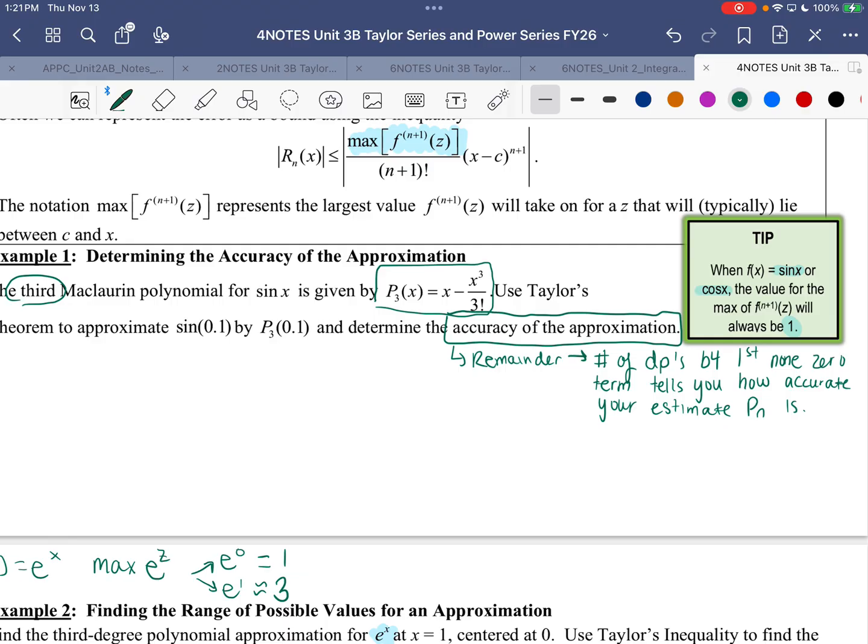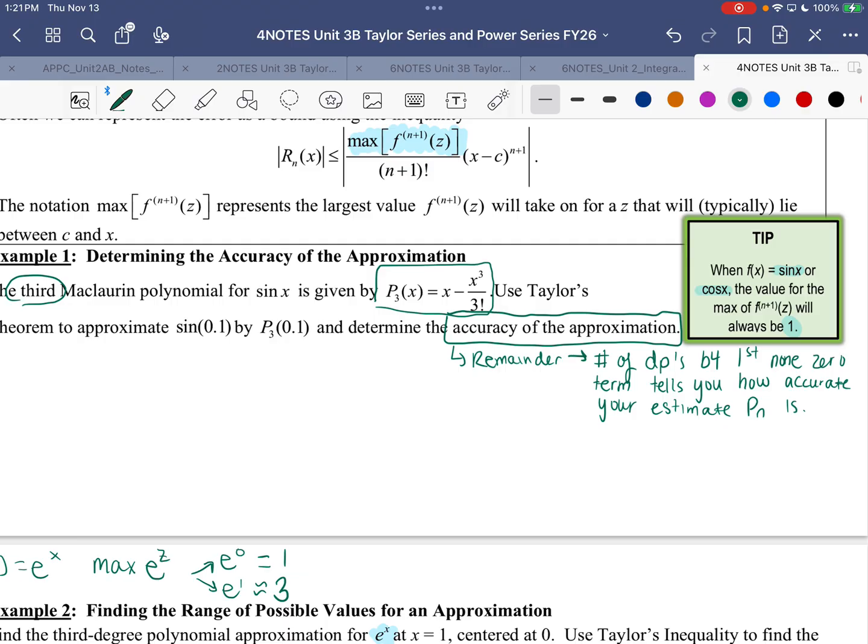So if you get P3 at 0.1 is 2.573792, whatever, you get some numbers. Then you get your remainder and it should be a decimal. It'll tell you, like if you have 5 decimal places before a number, that's how accurate your approximation was.